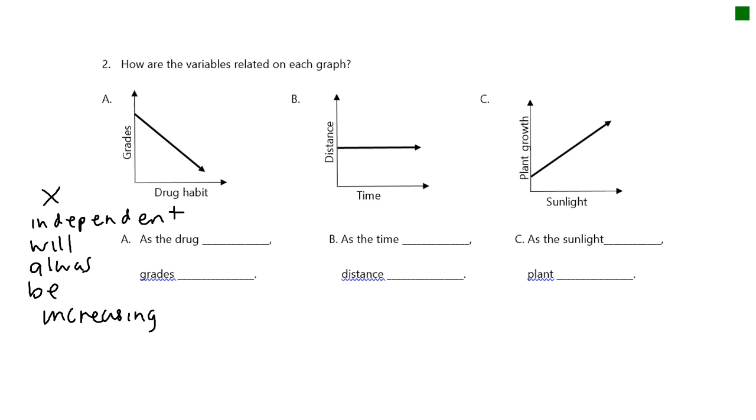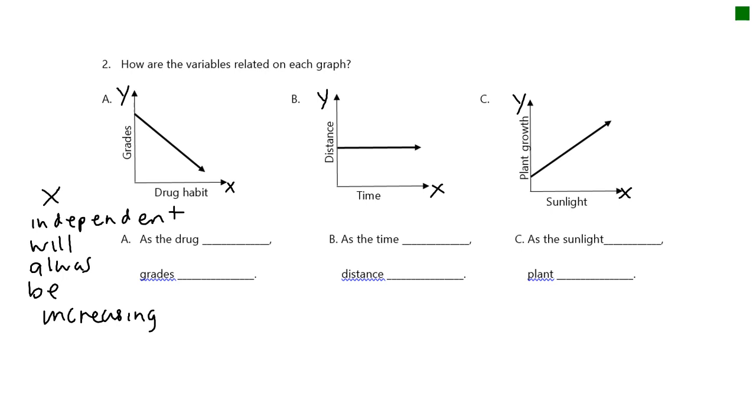How do I know which is the x? Well, you should know that the line on the bottom is your x. You should know that this is your y. And your y is always going to be changing. So x is the same, y changes.